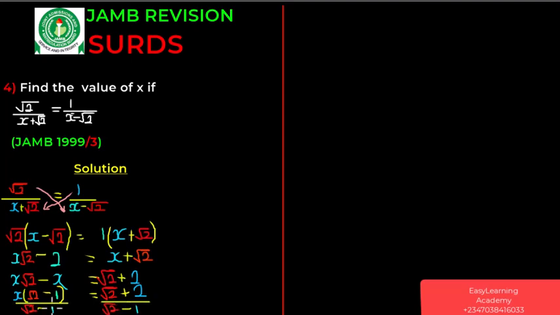This will cancel itself one time, and we'll be left with x is equal to square root of 2 plus 2 all over square root of 2 minus 1. Looking at this, it has taken us to a surd, so we need to rationalize.